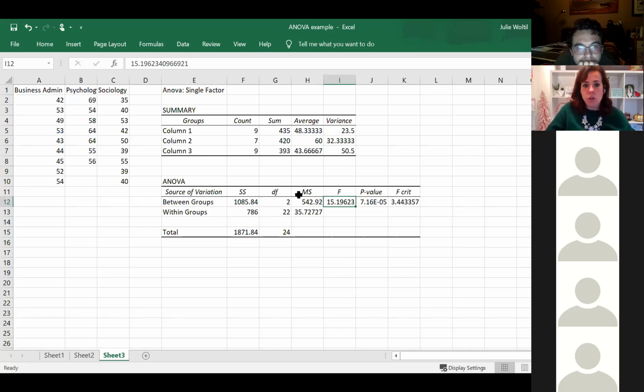What you need to know, you don't need to know how to calculate any of this. Excel just spits it out for you. What you guys need to be able to do is, if you have a table like this, you need to be able to tell me if, 1, is the result statistically significant, right? And we look to the p-value for that. Another way you can look at it is your F obtained, your F value, is it greater than your F critical?